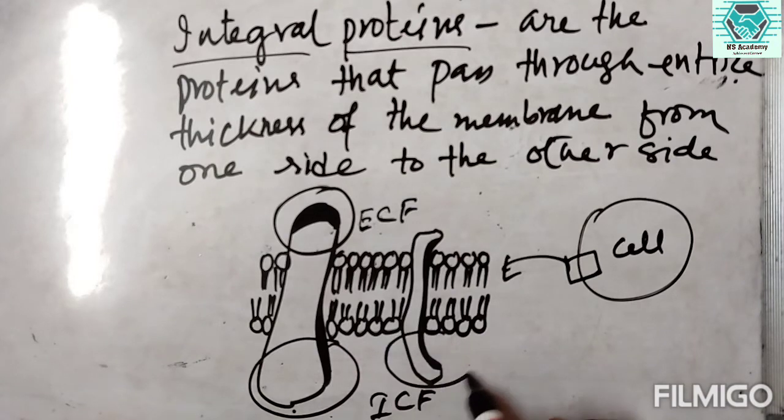So these kinds of proteins which pass through the membrane and have both intracellular and extracellular parts are called integral or transmembrane proteins. So they pass through the whole of the membrane and form the lipid bilayer or form the cell membrane.